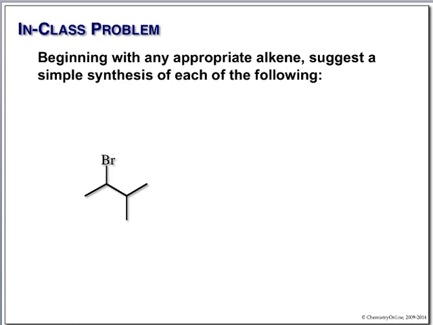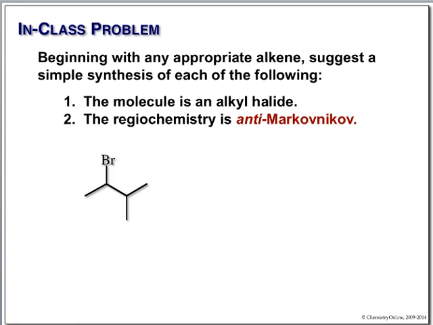But is the bromine attached to the carbon that would give us the most stable carbocation? No. We have a tertiary carbon right here, right? Therefore, it's an alkyl halide, and the regiochemistry is anti-Markovnikov.